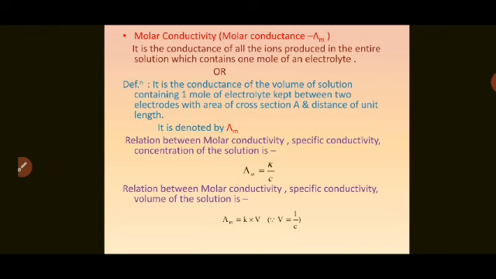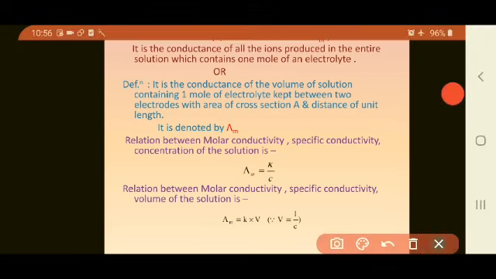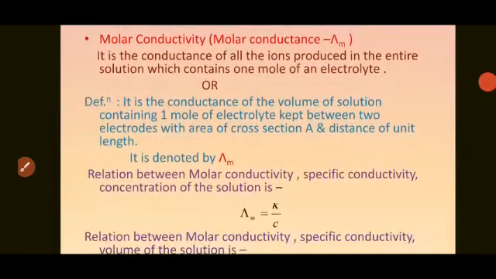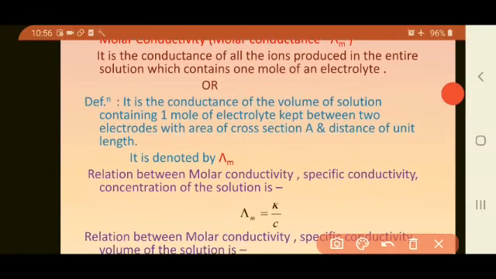You may think you have already seen one symbol of lambda, but here the symbol is a little different. The symbol is like a cap. It is again pronounced as lambda only.